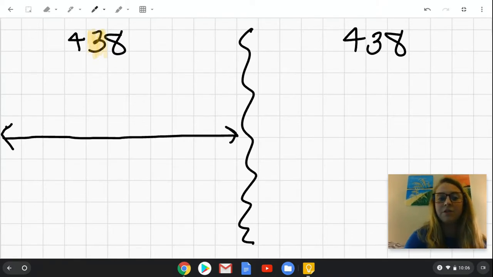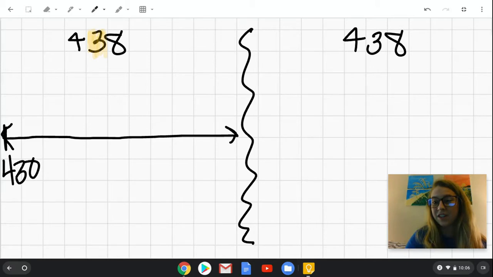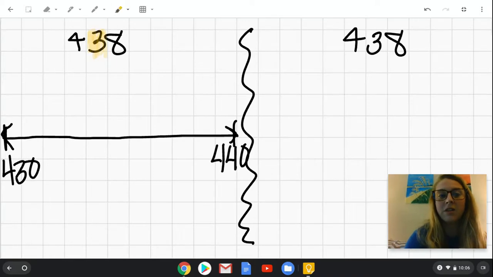So over here on the far left side of my number line, I'm going to label this 430. Then, if it's going to round up, I know it's going to round up to 440. If you take a look at your tens place, see 30 and 40. Those are the tens that I'm trying to round to.